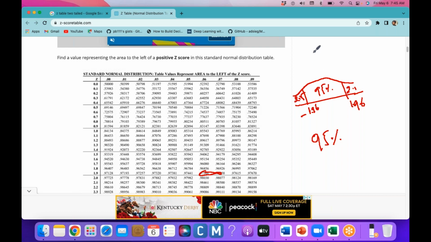So 1 minus alpha by 2. The alpha value is 0.05, divided by 2, so 1 minus 0.025, which means 0.975, right? So 0.975, on which range do we have it?